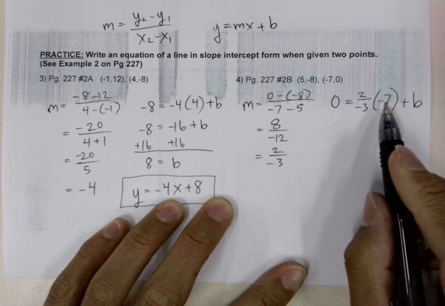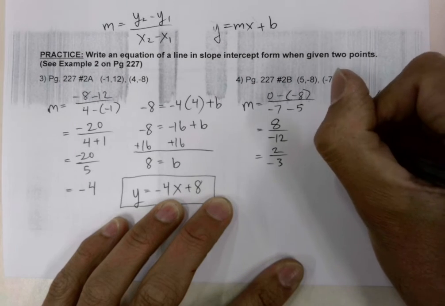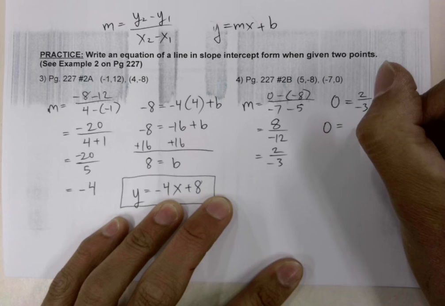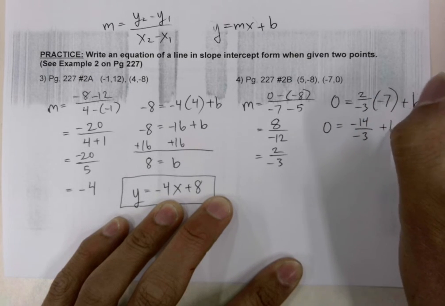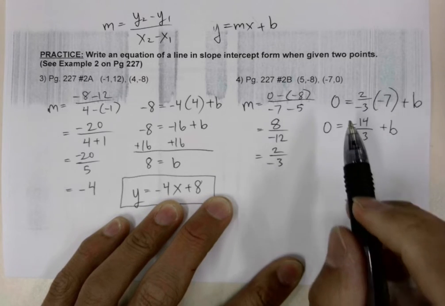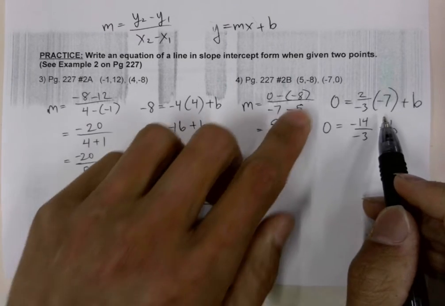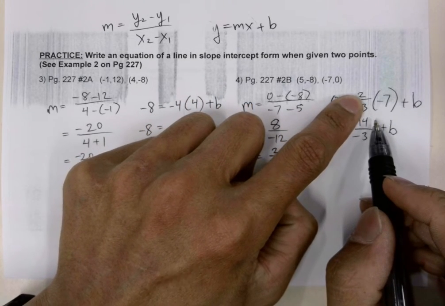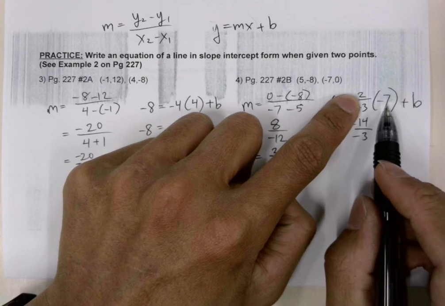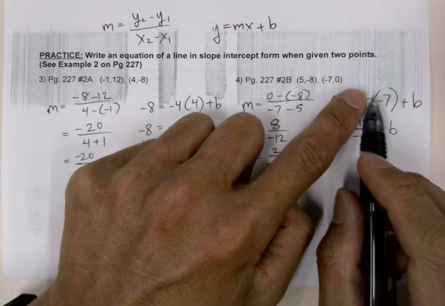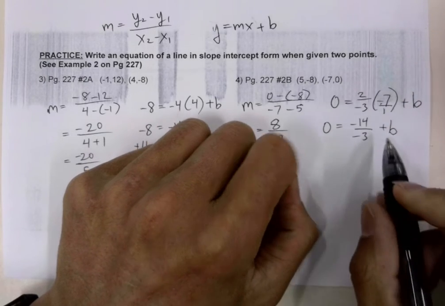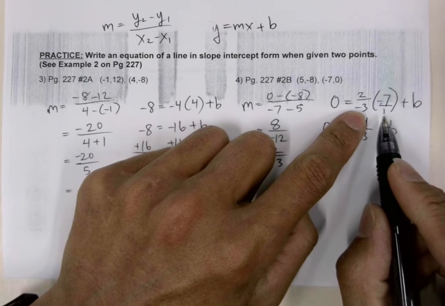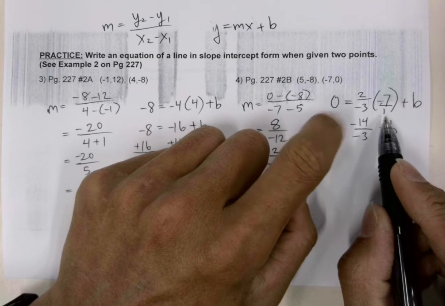So now we need to multiply these two numbers, and we'll get 0 = -14 over -3 plus b. And I got -14 because I multiplied the numerator, 2 times -7. That's negative 14. And our denominator is a 1, so we have negative 3 times negative 1. It's negative 3.